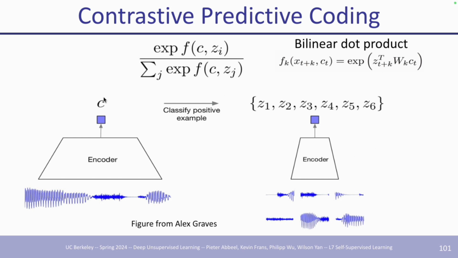The goal is that we want our context C to match closely with the one that matches in the current sequence. We would call that a positive example, whereas the ones that come from different sequences or ones that are far away from where we care about would be called negative examples.